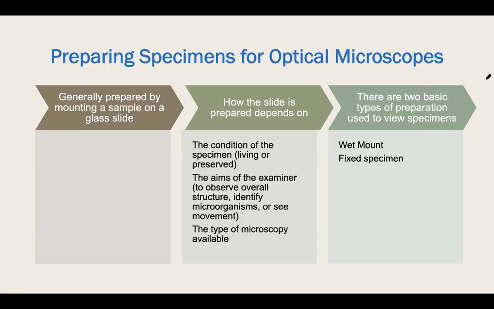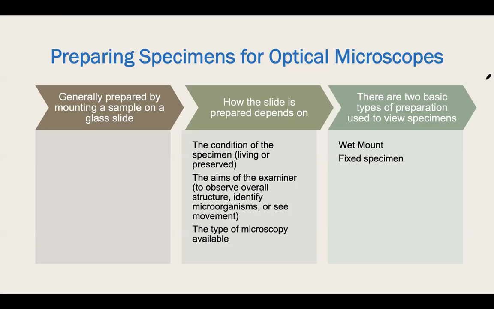Not only that, the specimen has to be very thin. To prepare the specimen for the electron microscope, we have a separate machine, and we use that machine to make the specimen section.